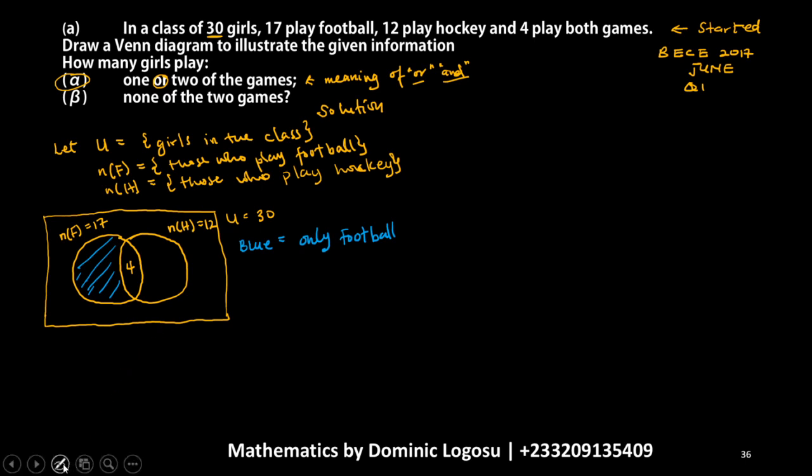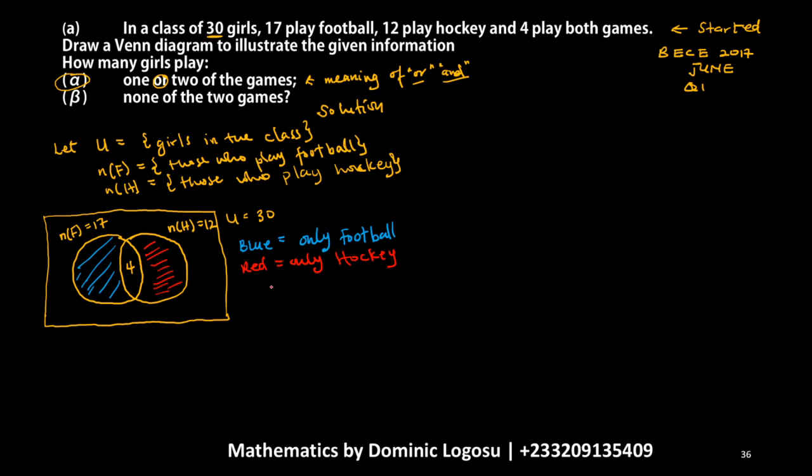And then the red side, only hockey. Are we okay? And then we have the middle to be both games. Okay, so the girls, super girls, they play both games. That's very good.